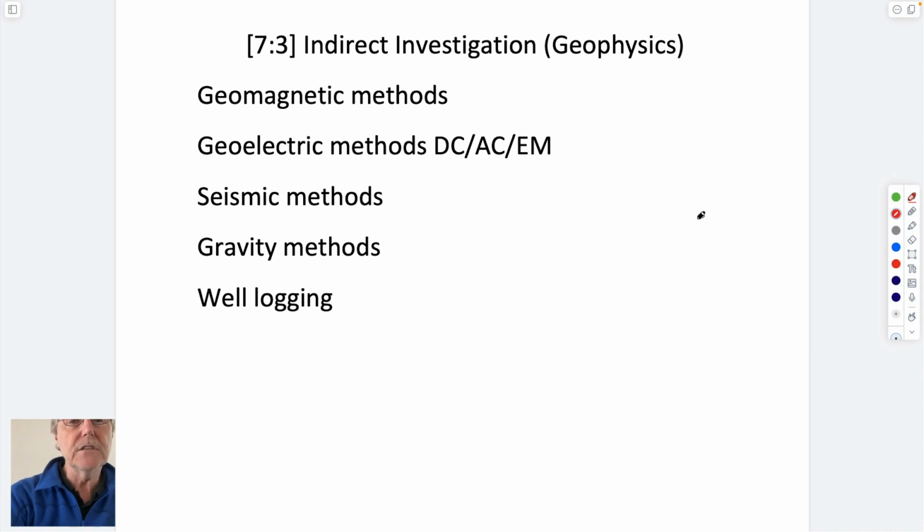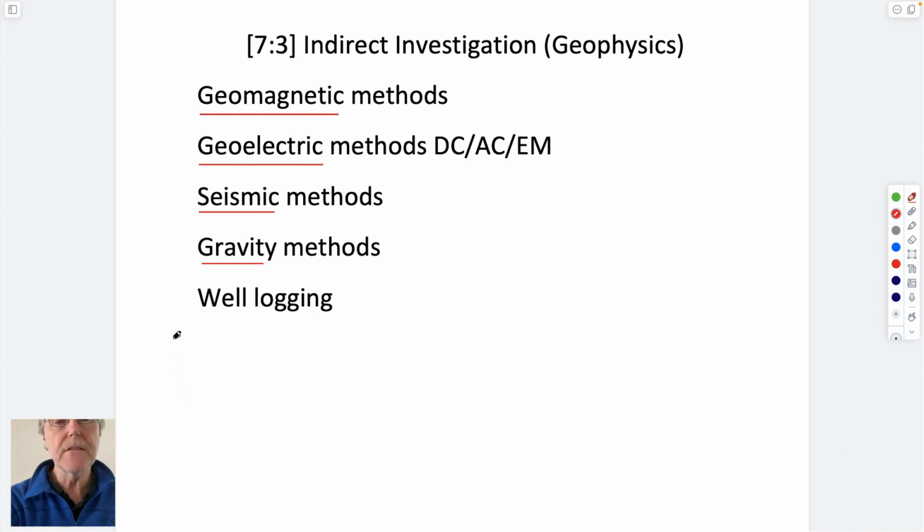The signals they would use are the magnetic properties, the magnetic field in the earth; the conductivity or resistivity of the subsurface to define what kind of soil or fluids they are; the acoustic velocity of the materials, the seismic velocity; or the density of the stuff underneath your feet.